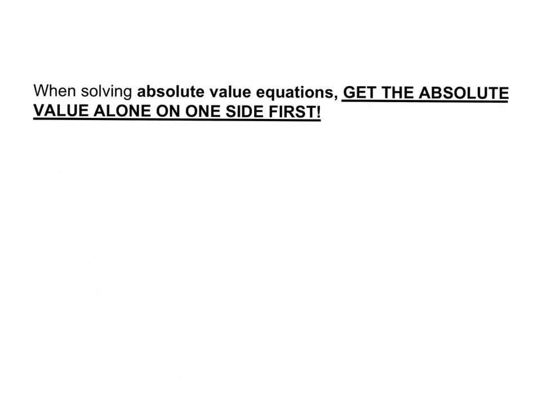All right. This is imperative. You must do this first, and I'll explain why here in a minute. When solving absolute value equations, get the absolute value alone first before you do anything. Get that absolute value by itself. Now, some of them it'll already be by itself and you'll be in good shape. But there's going to be ones, like the example I'm about to show you, where that is not the case.